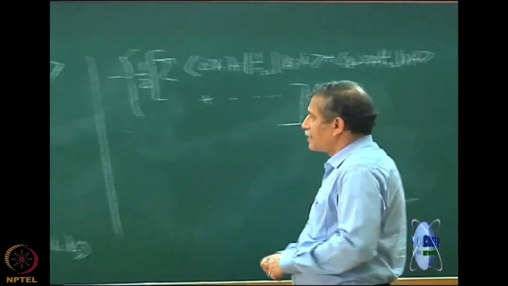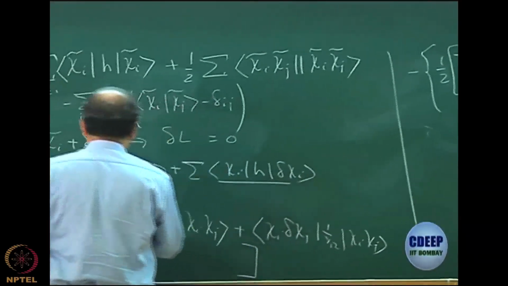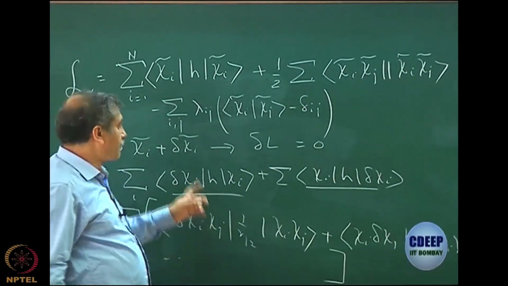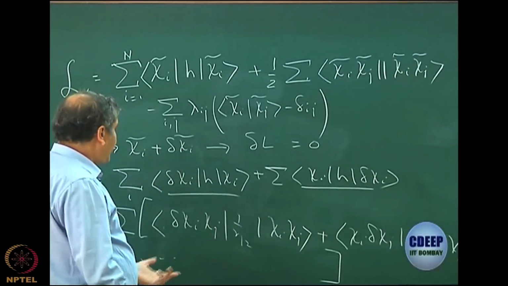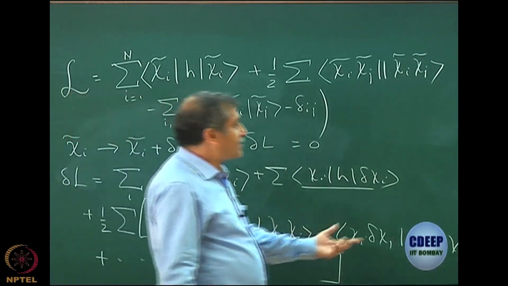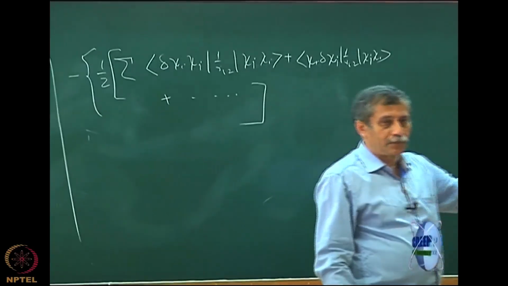Now, we noticed on that day that this term is the complex conjugate of this term, because of the fact that H is Hermitian, and these two terms which I have left are conjugates of these two terms, and similarly these two terms which I have left on the right hand side are also conjugates of these two terms.